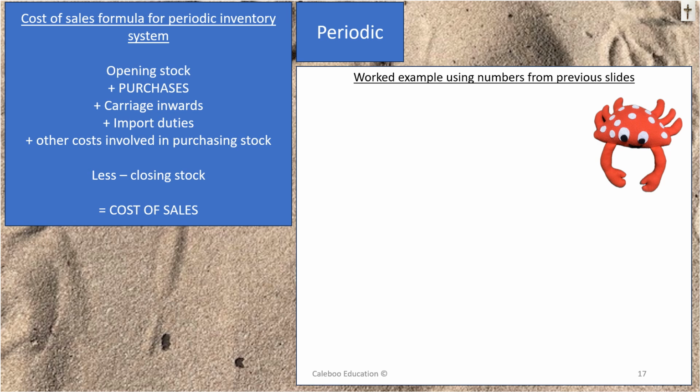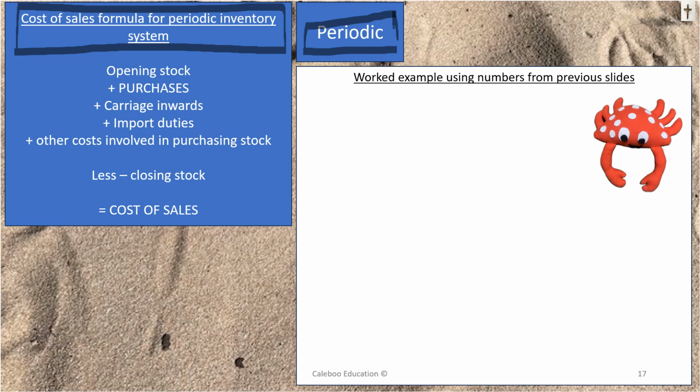In this slide, I'm going to show you how our cost of sales is calculated in the periodic inventory system. Cost of sales is calculated at the end of the period. And here is the formula to calculate cost of sales in the periodic inventory system.